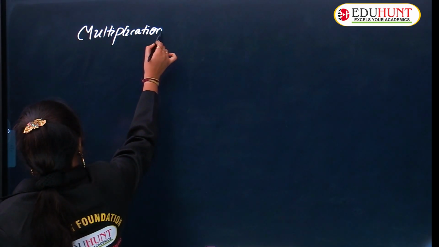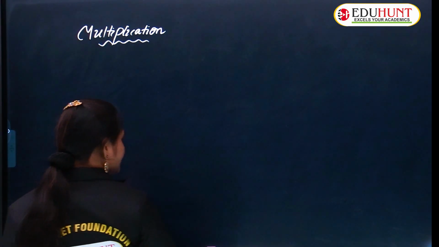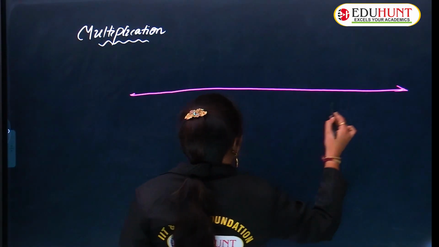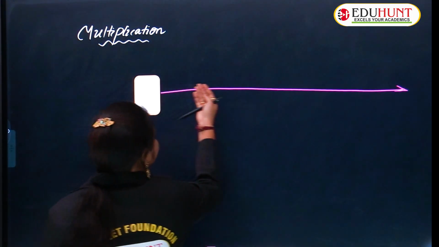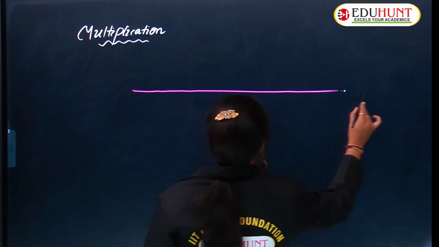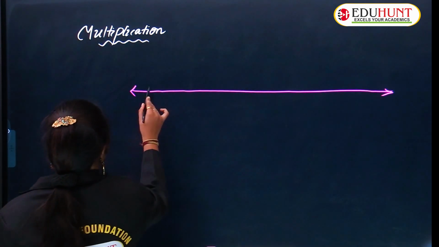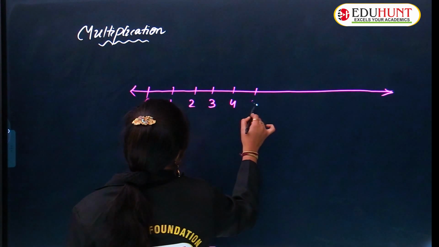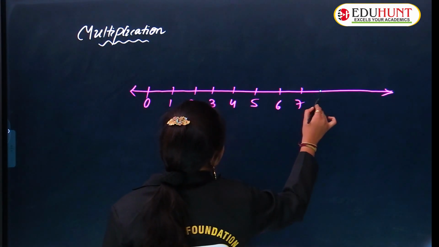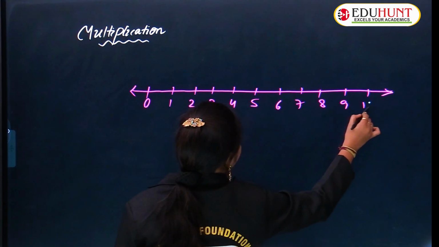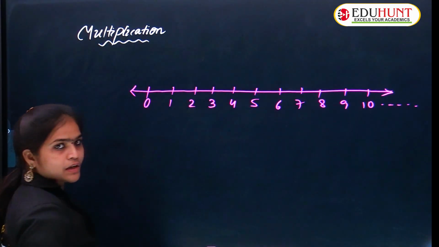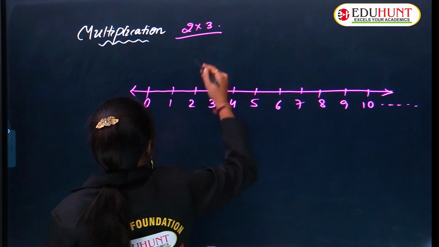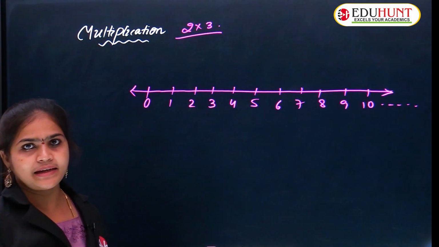Multiplication on a number line: zero, 1, 2, 3, 4, 5, 6, 7, 8, 9, 10 and so on. Okay? Now here we need to perform 2 into 3. Show 2 threes on a number line.